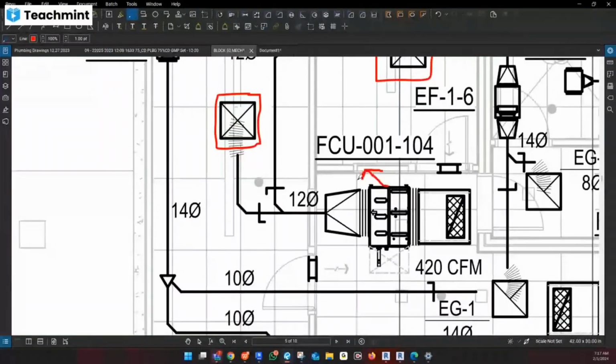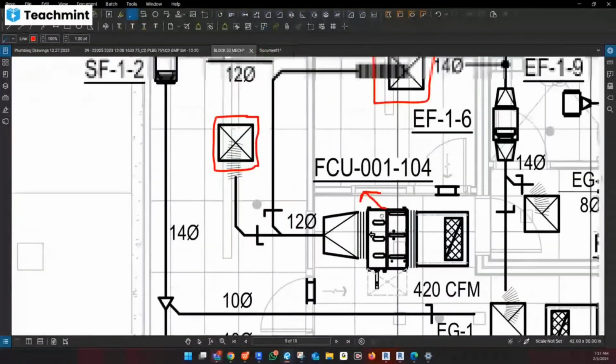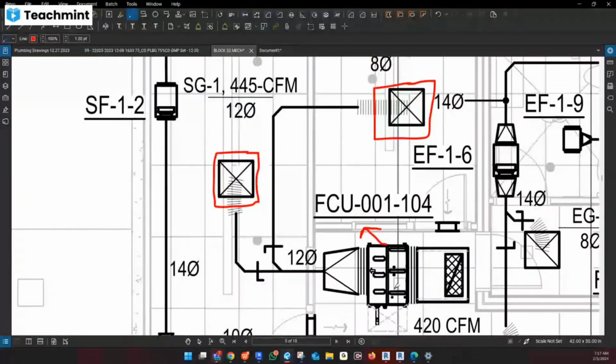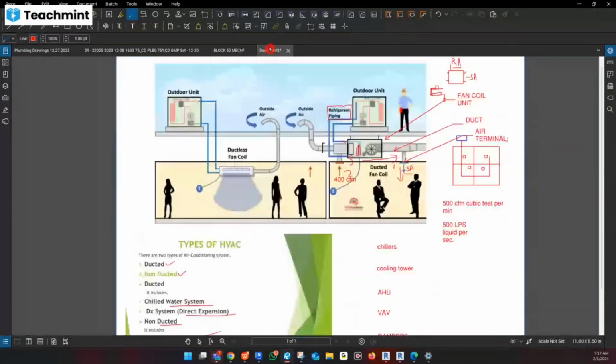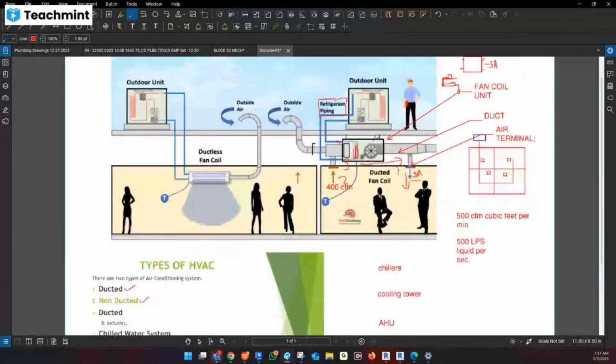The system we discussed over here, same accordingly. You can see the whole system. It's a fan coil unit. So what is the system name? Is it a return or a supply? Relate with this document, the image, what exactly we have seen.